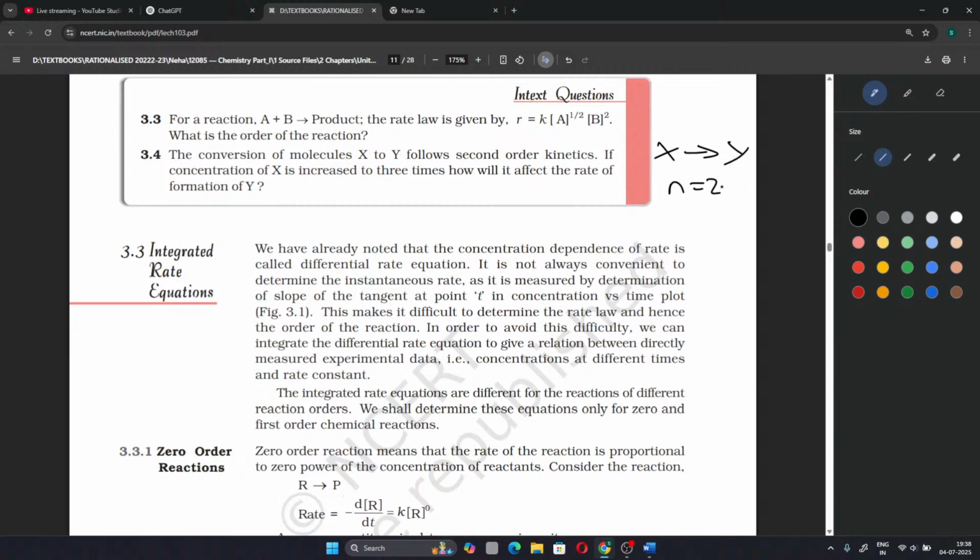The rate of the reaction basically will be increased. I think so. Basically they are saying X to Y, N equals 2, rate equals K times X power 2.